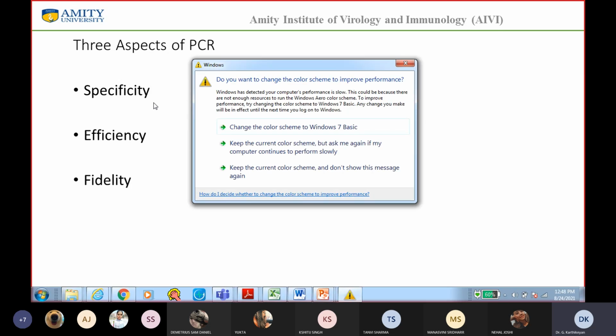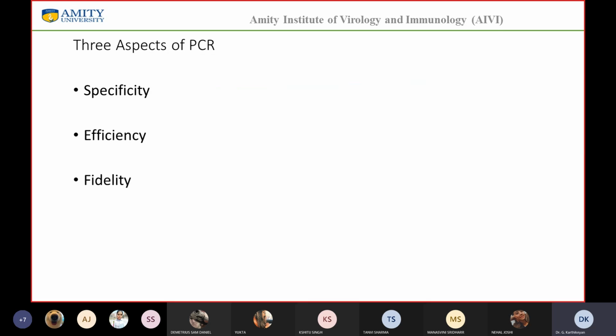Fidelity is something that is very important. Fidelity means faithfulness. For example, when you try to copy a DNA, invariably the DNA polymerases have an inherent ability to make mistakes. They make at least one mistake per 1 million copies they make.